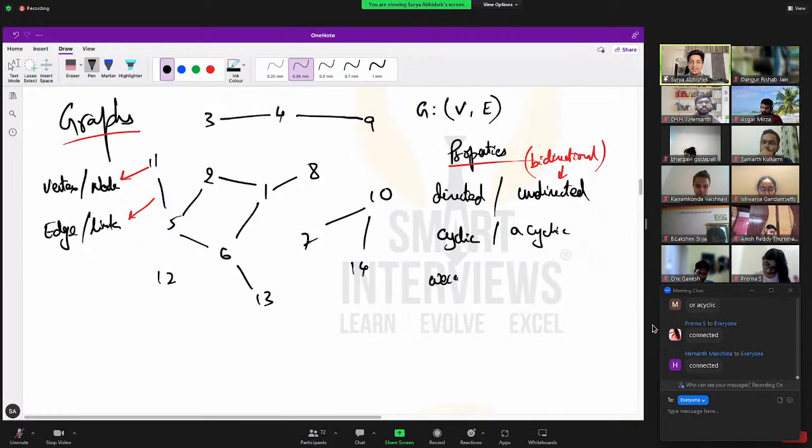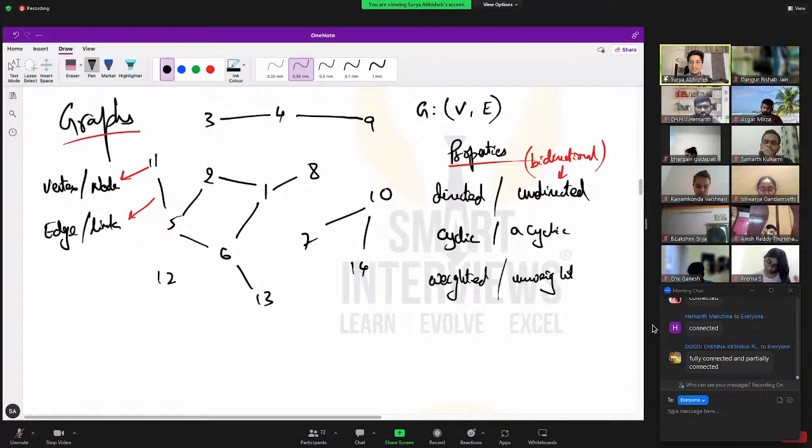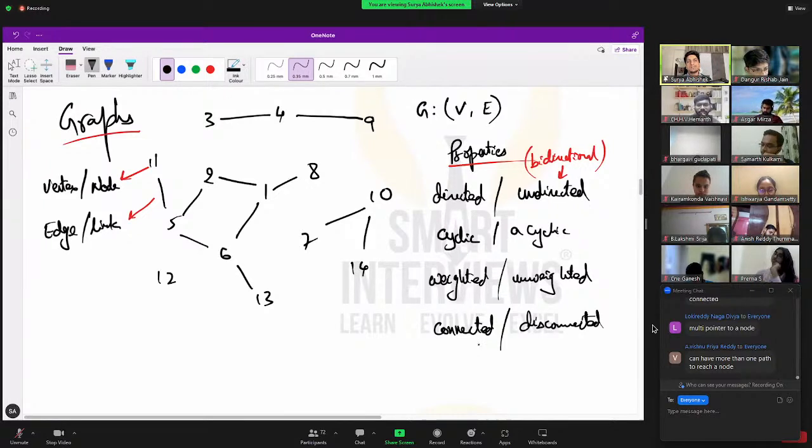A graph can be weighted or unweighted. Connected or disconnected, great. A graph can be a connected graph or a disconnected graph. More than one path to reach a node is basically the cyclic property. All that depends a bit, which I'll discuss in depth. What else? What else can a graph be?